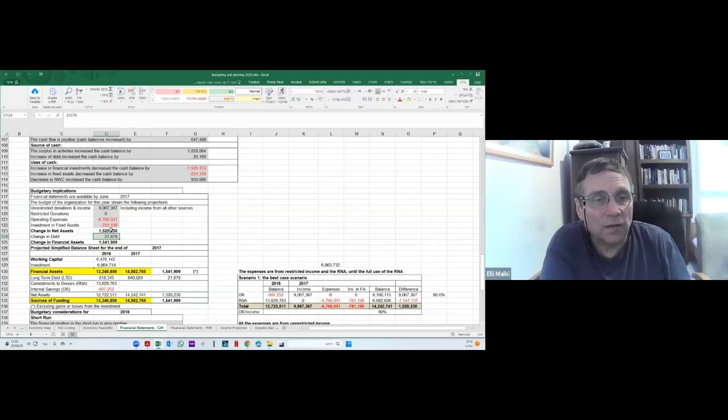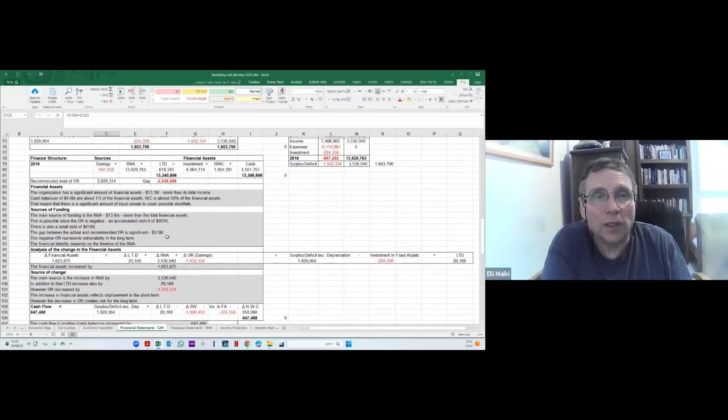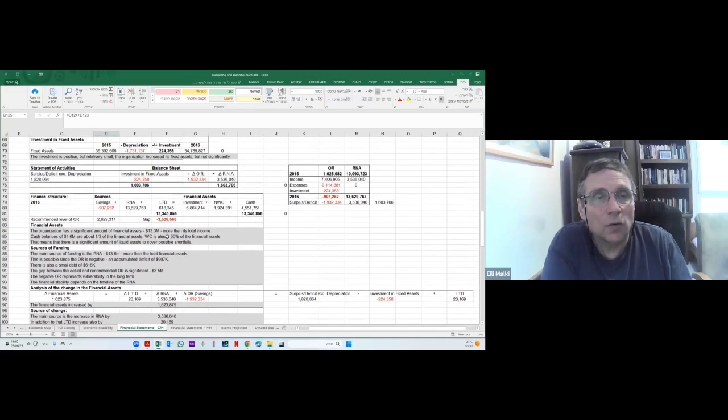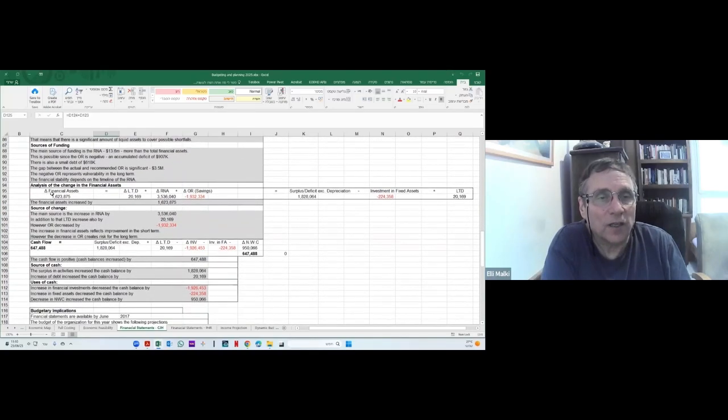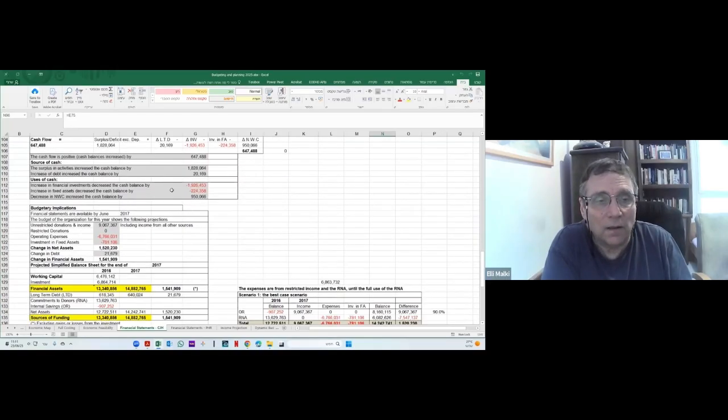Here the sign is positive, so the change in financial assets, again, if we go back to the equation that we have here, we saw that the analysis of change in financial asset equals the surplus or deficit plus investment, which is change in net assets, plus the change in long-term debt, plus or minus, depending on whether we increase or decrease the amount of loans.